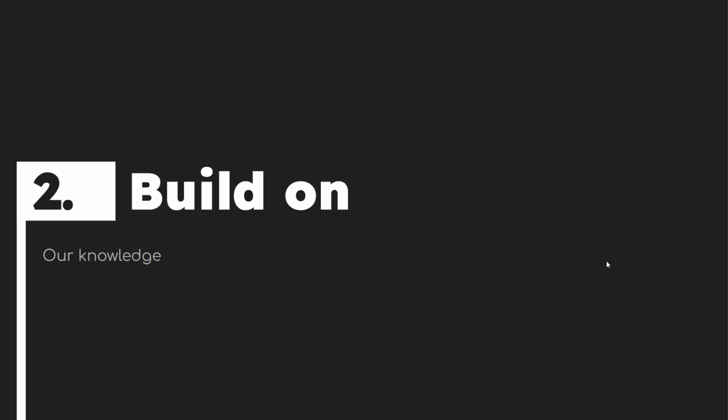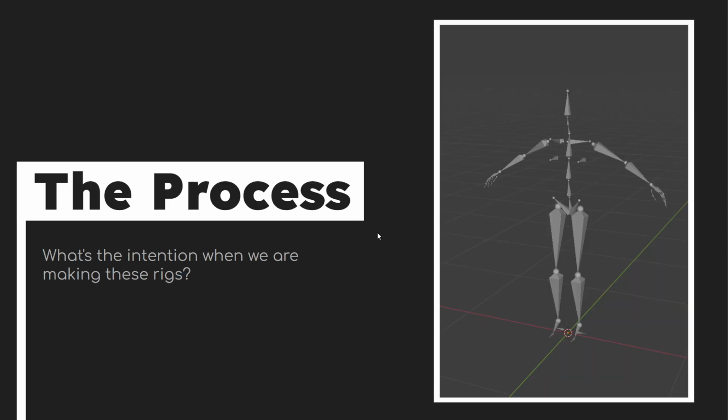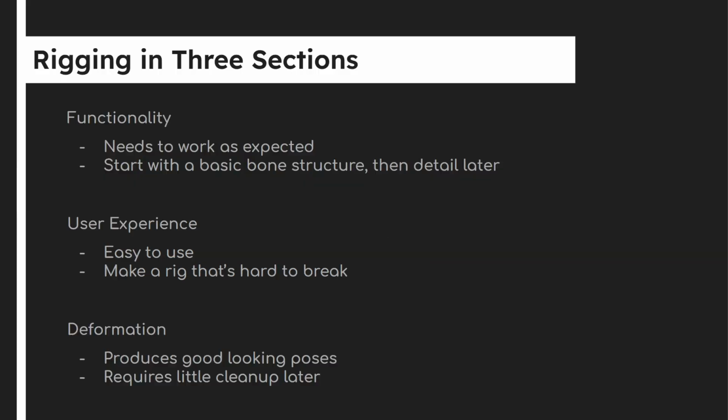Okay, so now we're going to be building on our knowledge. So the process. What's the intention when we're making these rigs? Rigging, I sectioned into these three parts here, and this is also in the book that Gavin recommended for this class. First, functionality: your rig needs to work as expected, so starting with a basic bone structure and then detailing later is ideal.